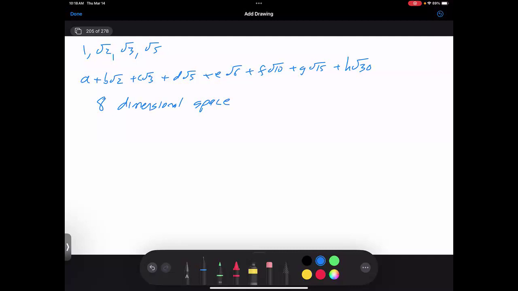And so if I start off here with Q, and then go up to Q(root 2, root 3), and then Q(root 2, root 3, root 5), this is degree 4, and this whole thing here is degree 8.